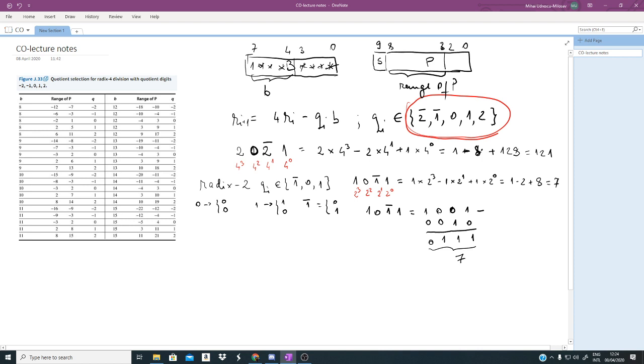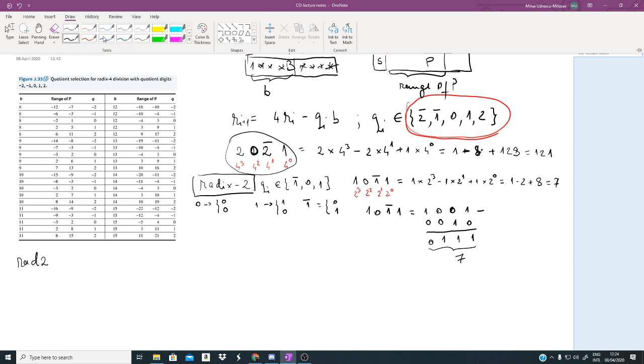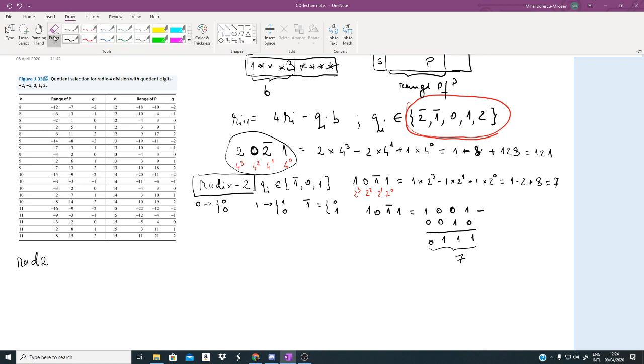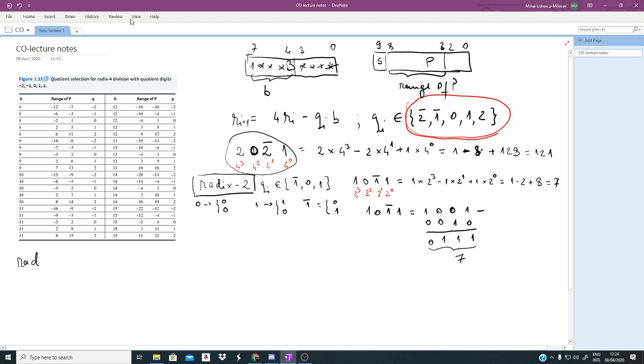And ahead means let's encode this number, right? So for radix 4, we talked about radix 2. Let's talk about radix 4.